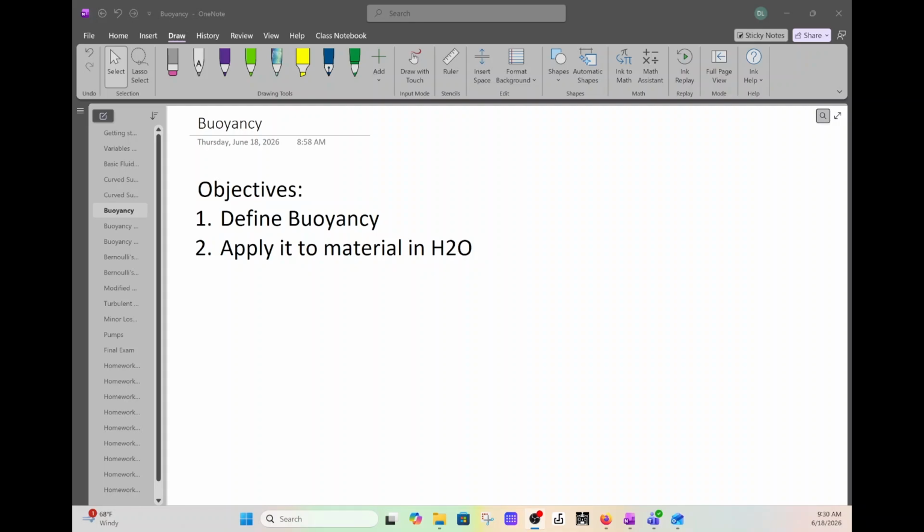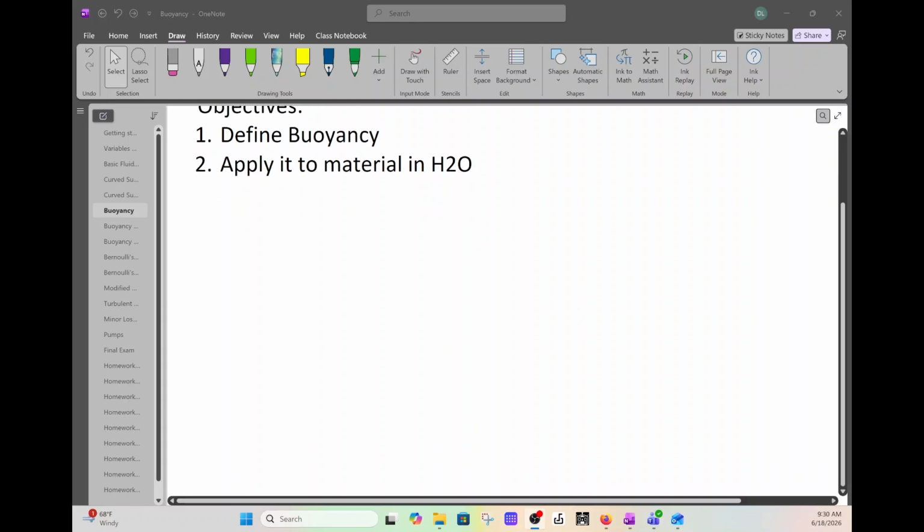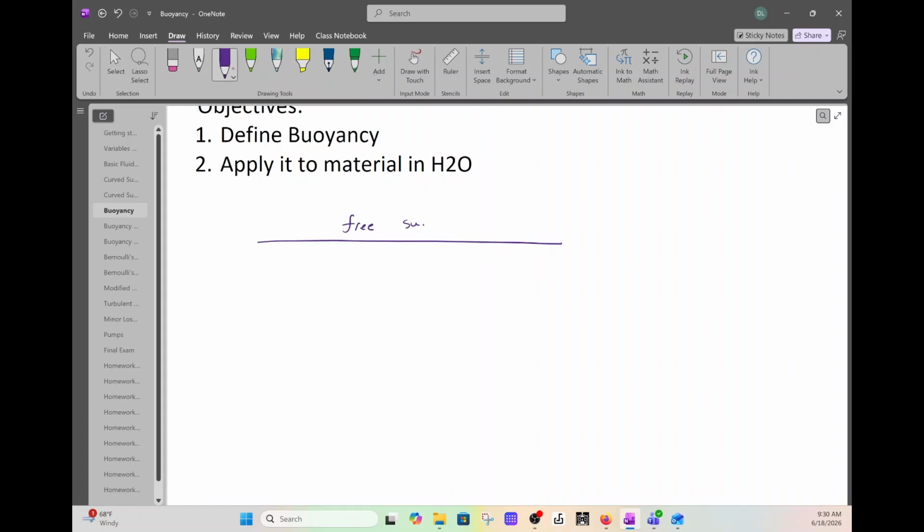So if we look at, say, here's a free surface, top of the water, and say you have some shape or the ball. When we look at the pressure distribution, it should get bigger and bigger, and it should kind of follow the shape, but that's okay.